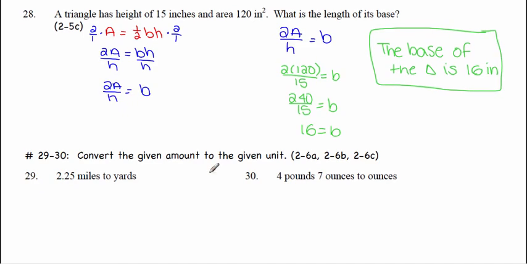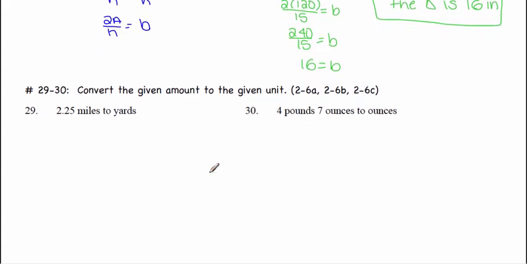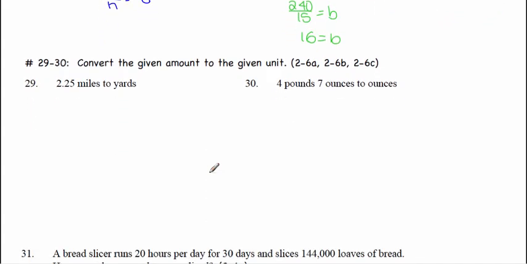Number 29 and 30, I want to convert this into the given units. So in 29, I need to convert miles to yards. So the first thing I want to do is I'm going to set up my ratio of my miles, which is all over 1. I'm going to multiply it by my conversion.